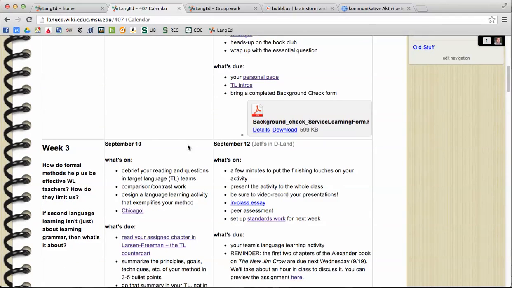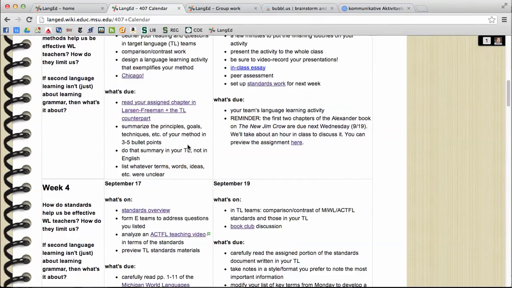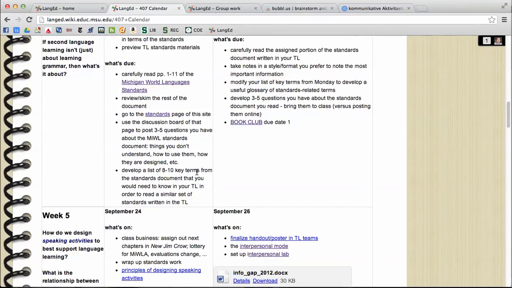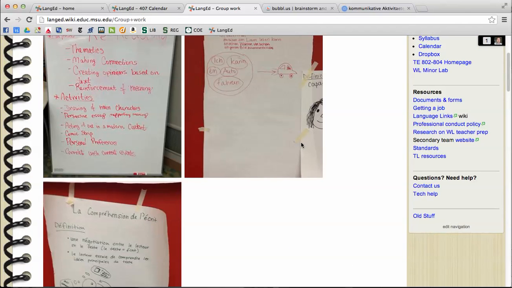So again, students would engage in the UT Austin website for common English language information, and then would read their respective target language texts for information about designing effective language learning activities.